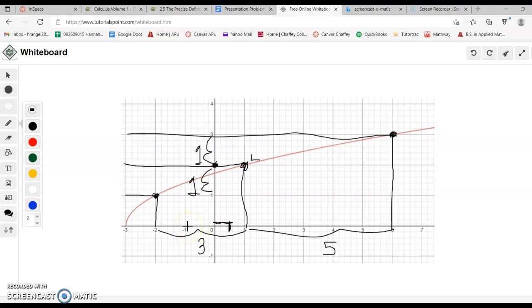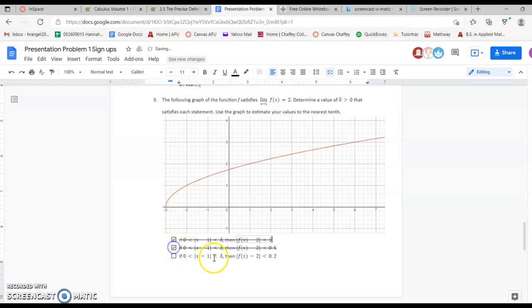So pretty much anything in this area, the blacked out one, is what delta can be. Okay, so it satisfies that.